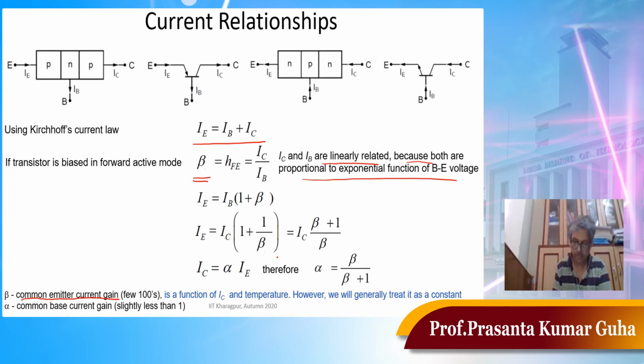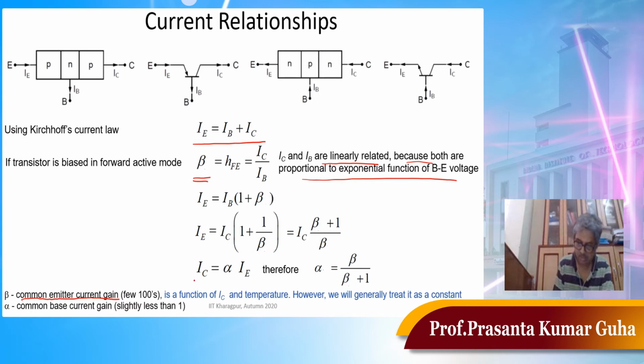What about the relation between collector current and emitter current? We mentioned that collector current and emitter current are very close to each other; rather, the collector current is a little bit less than the emitter current, because some of the carriers recombine at the base.